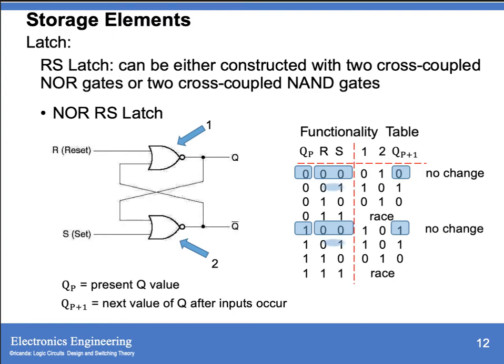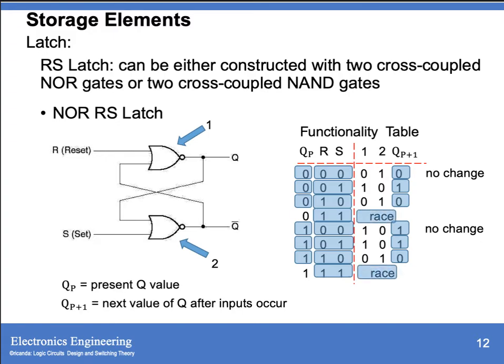Then for the combination 0 and 1, if your QP is 0, then you have 1, and if QP is 1, the output is equal to 1. And if we have a combination of 1, 0, then whether your QP is 0 or 1, you have an output of 0. And if it is 1, 1, then we have a race condition.